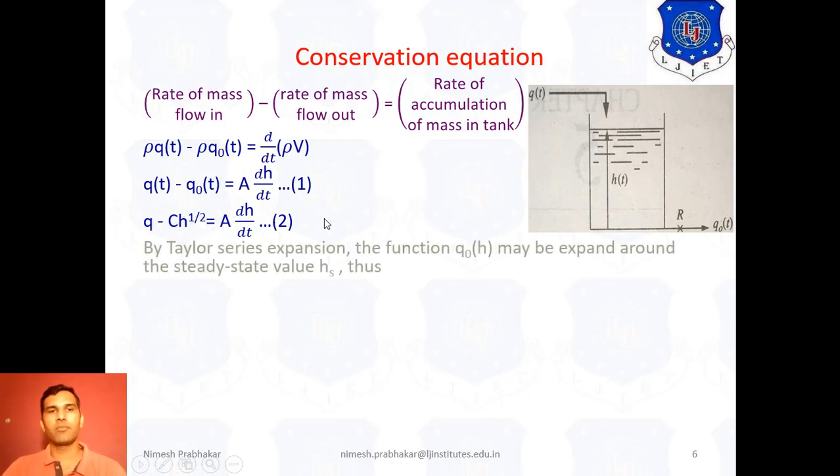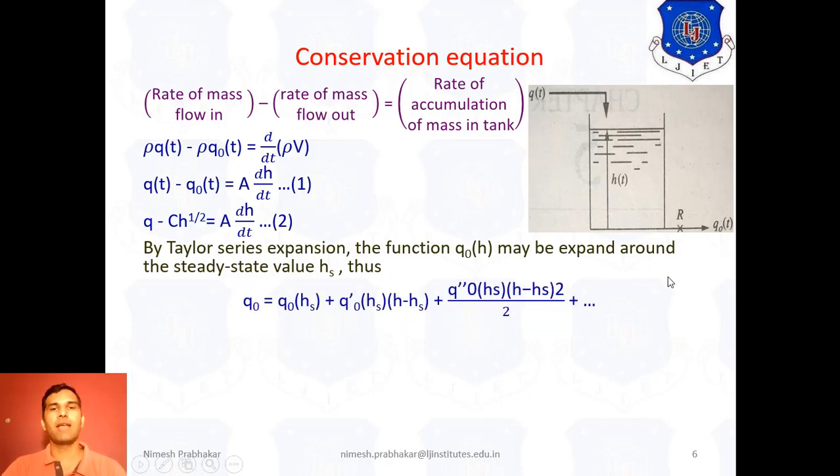For this we use the Taylor series expansion. The function Q0(t) may be expanded around the steady state value h_s. Thus, using the Taylor series, we can write Q0 is equal to Q0(h_s) plus Q0 dash (h_s) times (h minus h_s) plus Q0 double dash (h_s) times (h minus h_s) squared by 2.